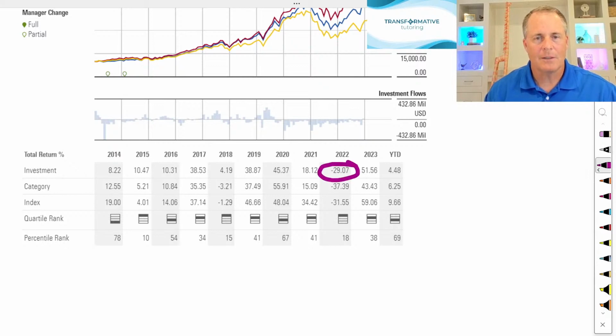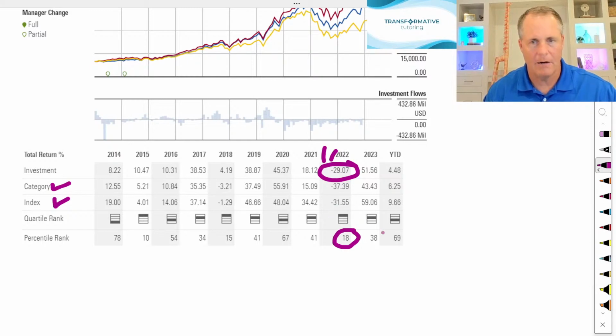But what you can also see is that there's other funds in this category, or it's compared to an index. And so even though it lost 29%, it was actually in the 18th percentile. It was one of the better funds out there that year. Whereas some years, like here, it's kind of in the bottom half. It's the 69th best fund in its category.